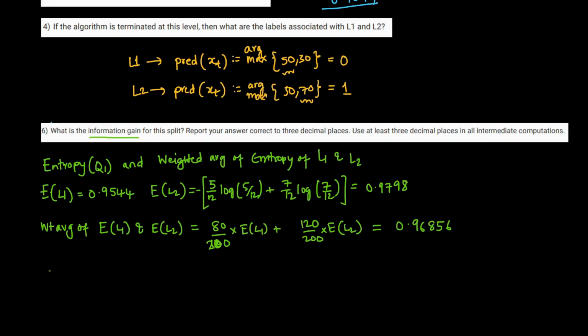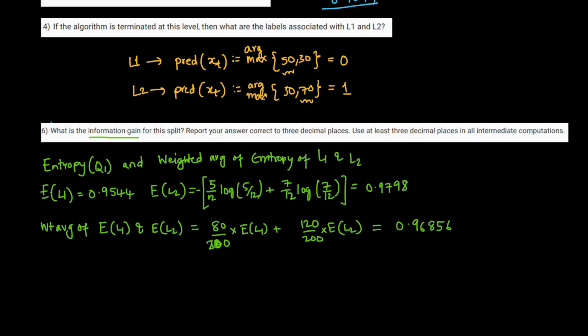And now what we have to do is compute the entropy of Q1. At node Q1, there are equal numbers of data points in both the classes 0 and 1, right?